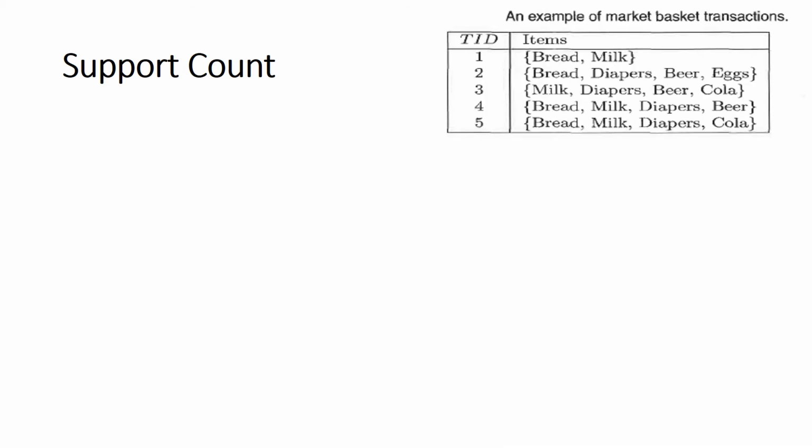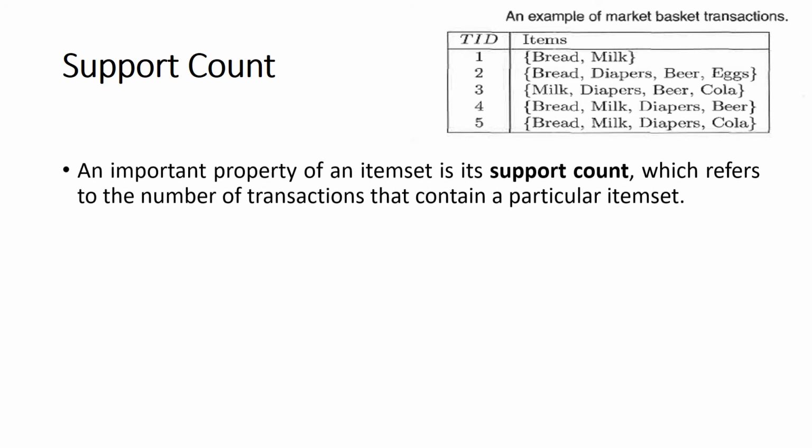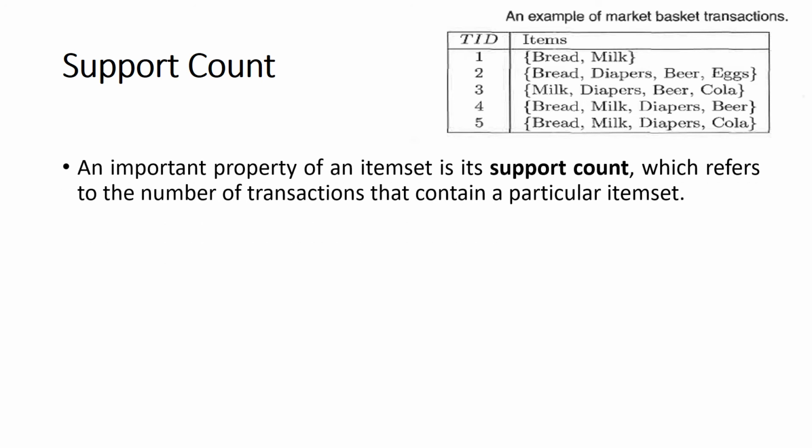Now let us try to understand support count with the help of the same example that we have seen earlier. Support count is an important property of an item set which refers to the number of transactions that contain a particular item set.